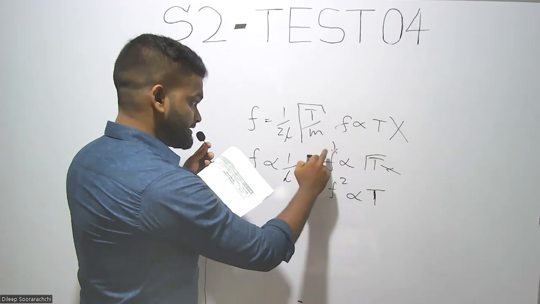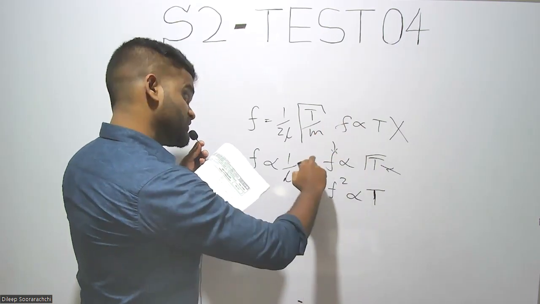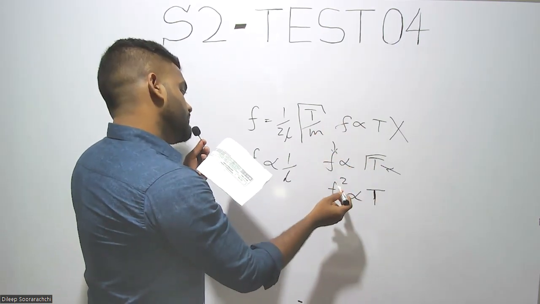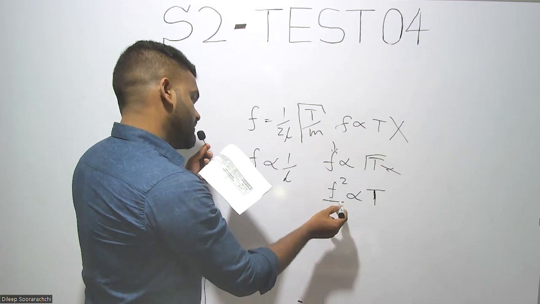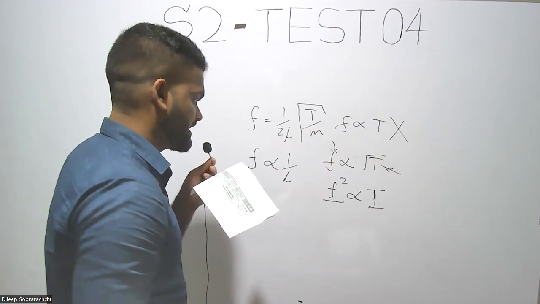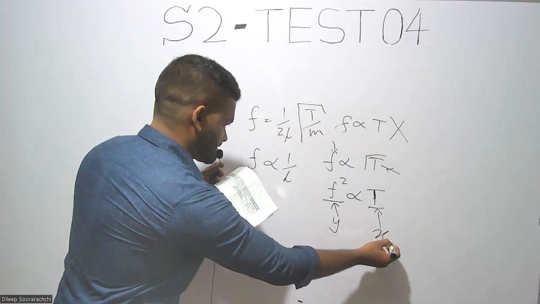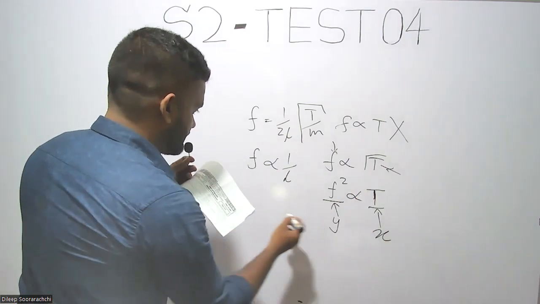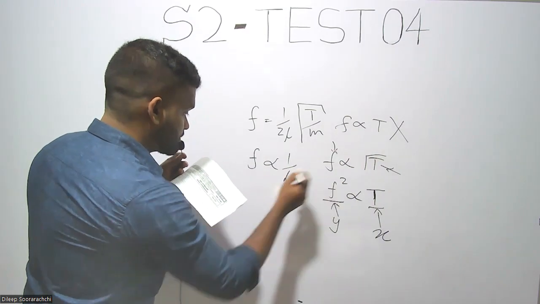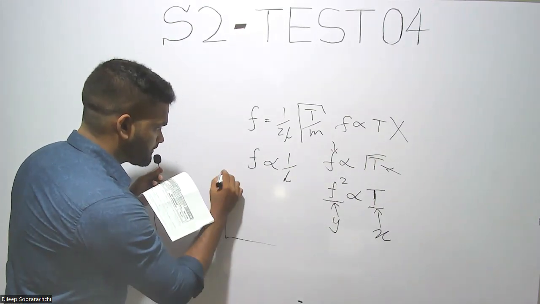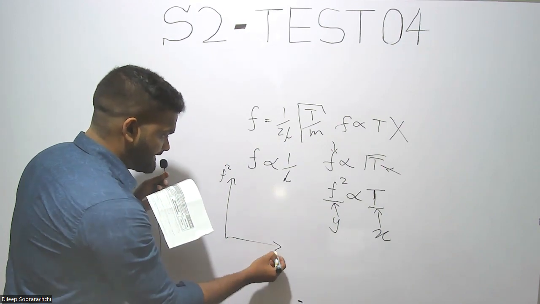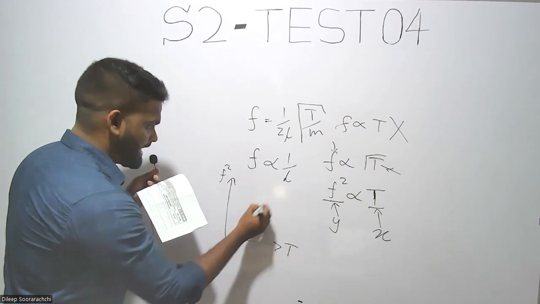If you square both sides, we can have a linear combination between f squared and T. So this is like y, this is like x. If y is f squared and x is T, we will have a graph like this.